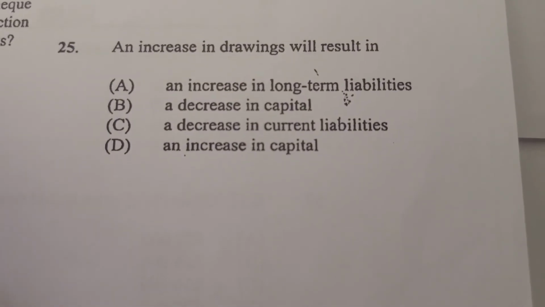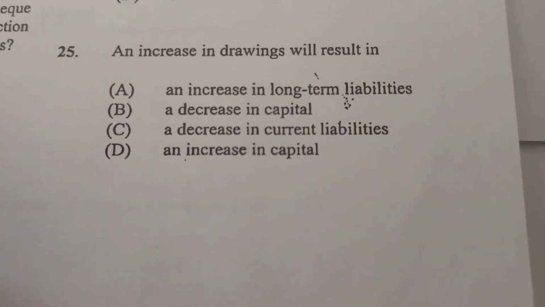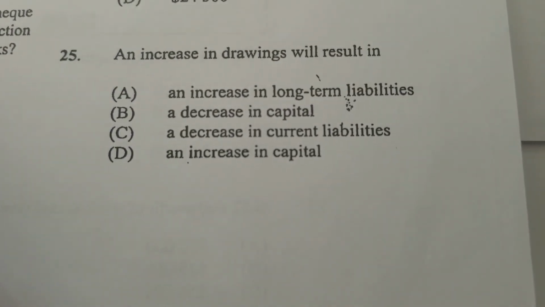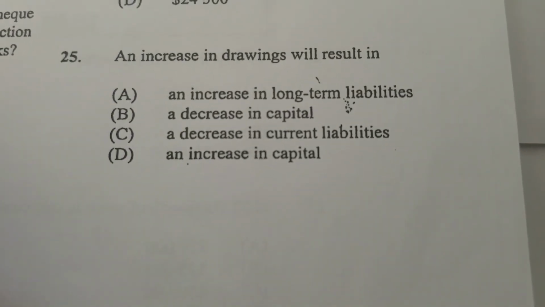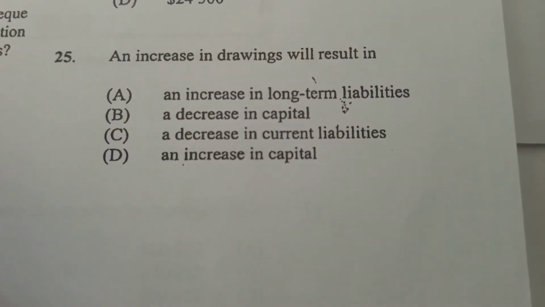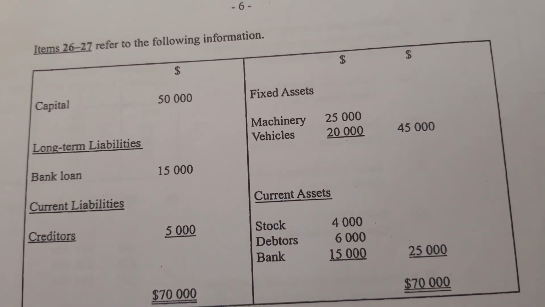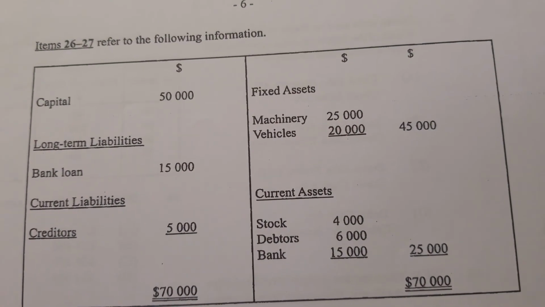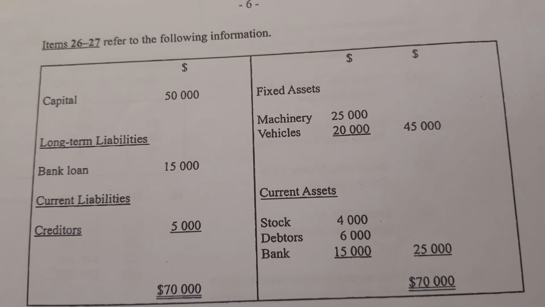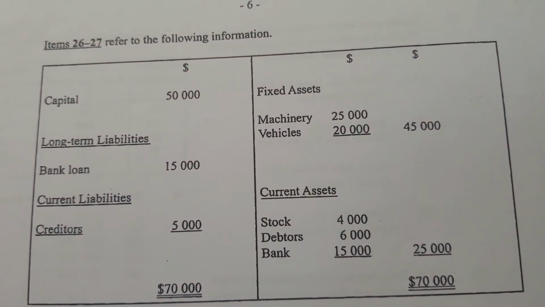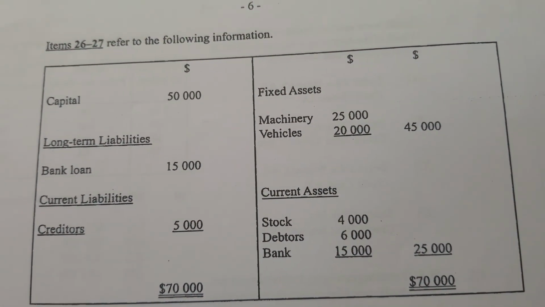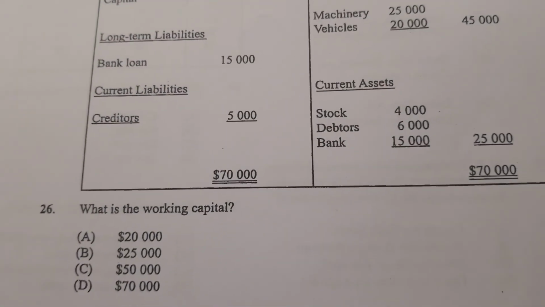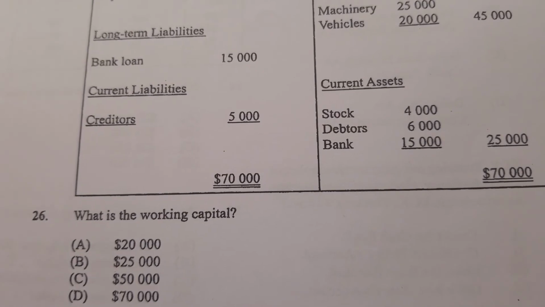Let's go to question 25. Question 25 says, an increase in drawings will result in, and our answer is B, a decrease in the capital. Okay, we're at question 26. Items 26 and 27 refer to the following information, which seems to be a balance sheet. What is the working capital?